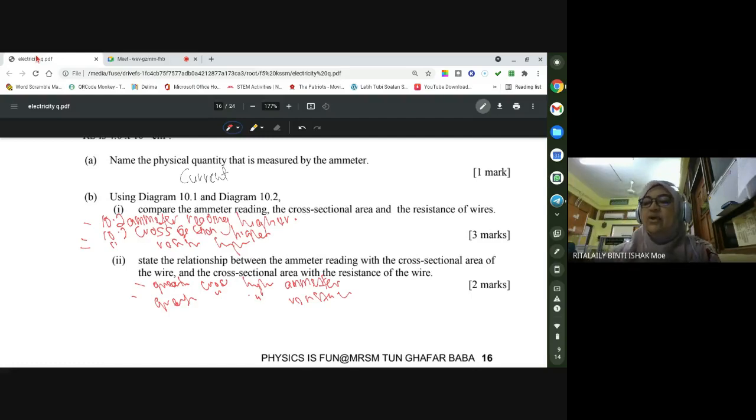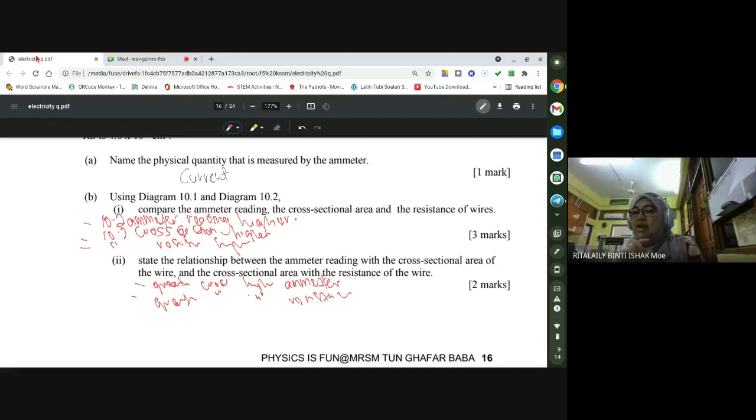Okay. So let's look at the second answer. The greater the cross-sectional area, the higher the resistance. So is this statement correct? Why is the ammeter reading higher when the cross-sectional area is greater? Okay, Shneha?